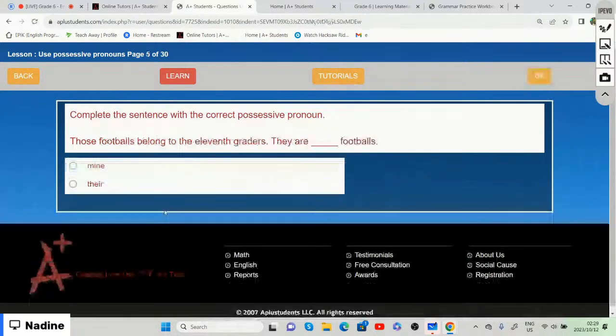Those footballs belong to the 11th graders. So if those footballs belong to the 11th graders, do we say they are my footballs or do we say they are their footballs? Whose footballs is it now?